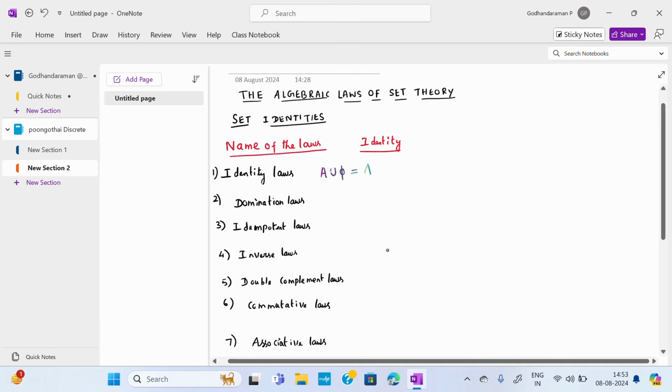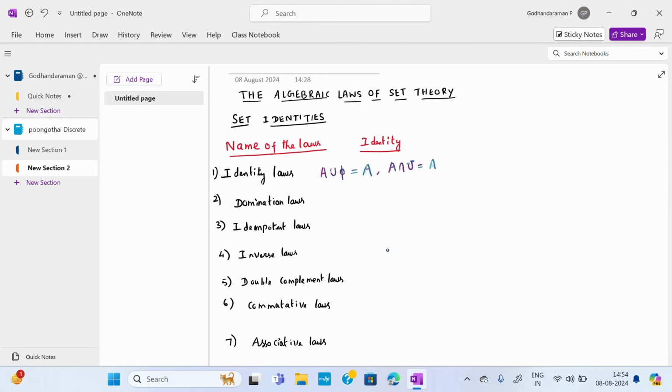Same way, A intersection U, the whole set, is nothing but A. When you take the intersection, only A remains. This is called the identity law.